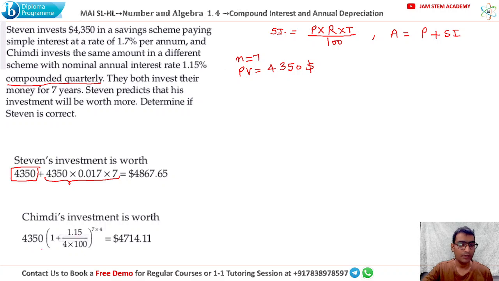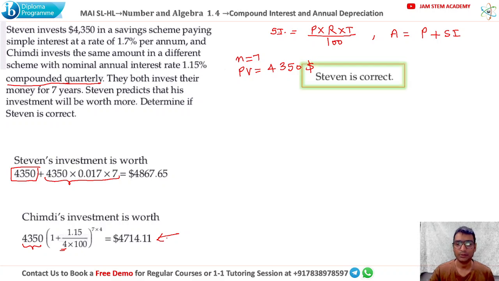So we have the principal 4350 times (1 + 1.15/(4 times 100)) raised to the power 7 times 4, because K is 4 here. Using the calculator, we got this value. So what do you think? Who is getting more? Yes, Stephen. Stephen's investment is worth more as compared to Chimdi's. So Stephen is correct. That's the answer.